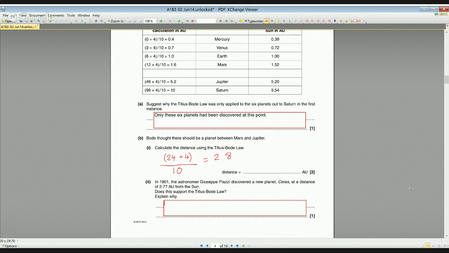You haven't come into this exam knowing anything about it, but we're just using the data that's been provided and comparing the data. So yes, as the distance is similar to 2.8 astronomical units.